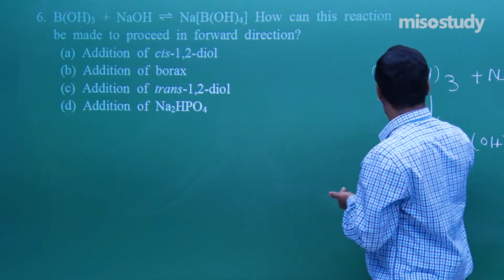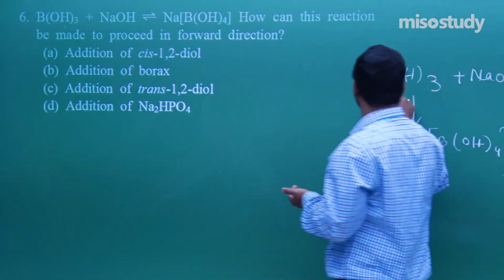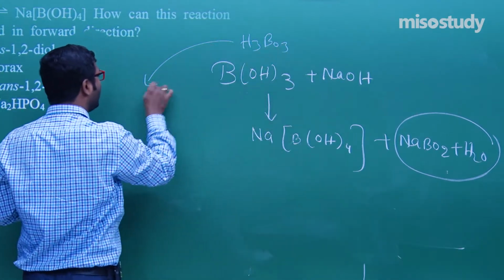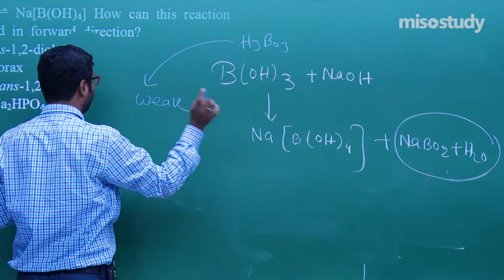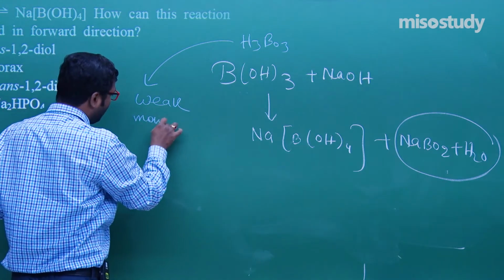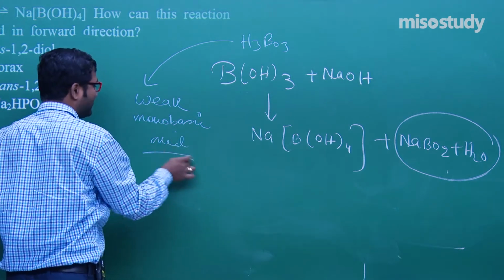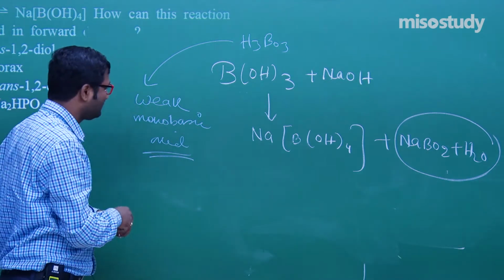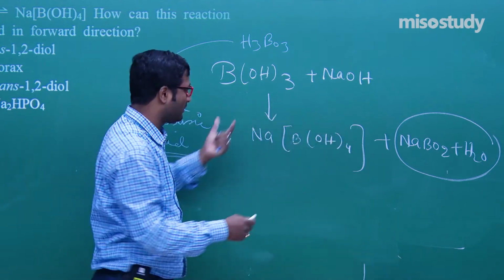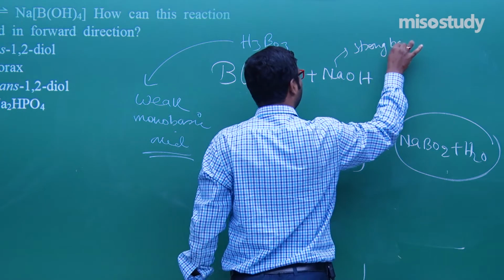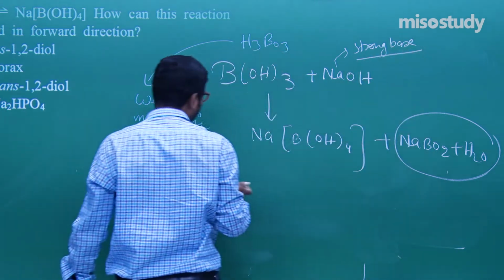Now, as we know, this B(OH)3 can be represented like this: H3BO3. This is a weak monobasic acid. Listen carefully to what I am telling. If it is a weak monobasic acid, then there is no direct neutralization, because this one is a strong base. So in this case, by adding a suitable catalyst, what happens?